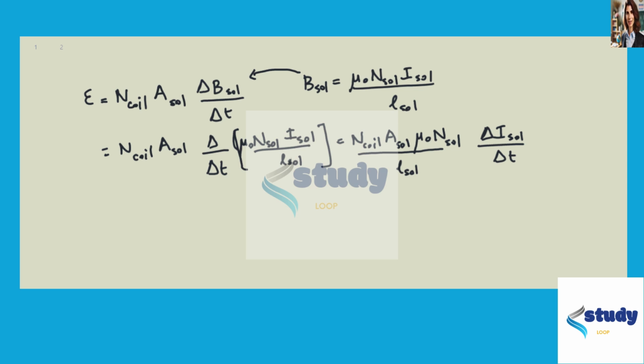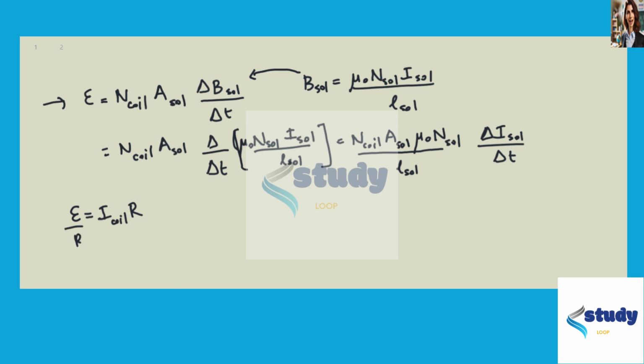So then, as you know, the coil's EMF from Ohm's law equals the current flowing through the coil times R, right? And this is what we're looking for. We are looking for the current through the coil.